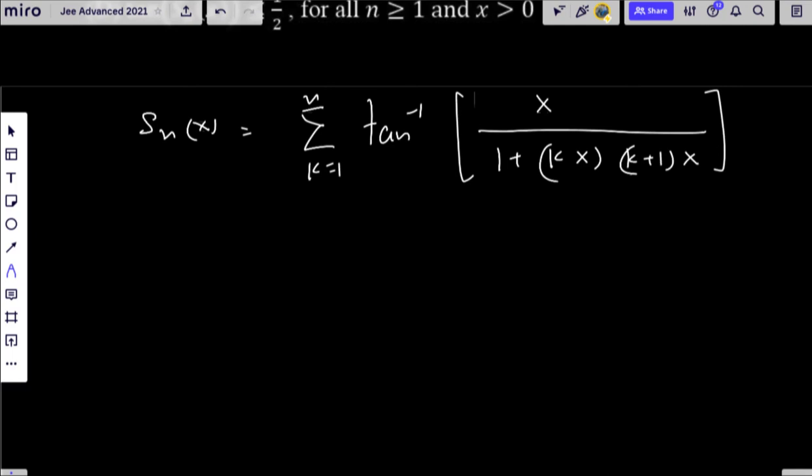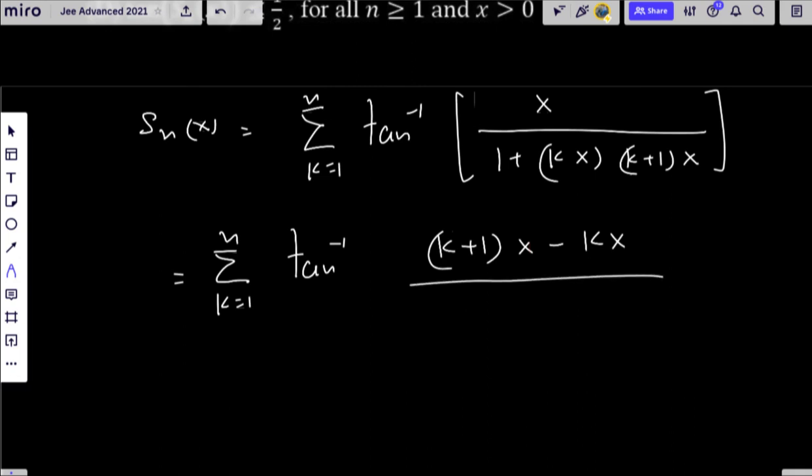So finally, what we see over here is sigma of k equal to 1 to n of tan inverse of k plus 1 x. Some students can write this numerator as k plus 1 times x minus kx, divided by 1 plus kx into k plus 1 x. Okay, this is in the bracket.